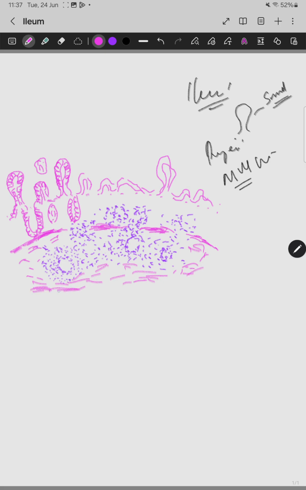We can see the inner circular layer and the outer longitudinal layer, same as in the previous parts of the small intestine. And never leave these areas vacant. You should draw some connective tissue.